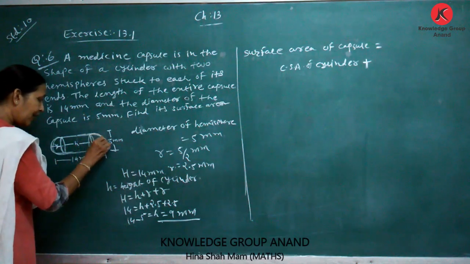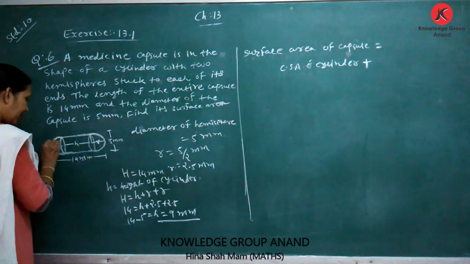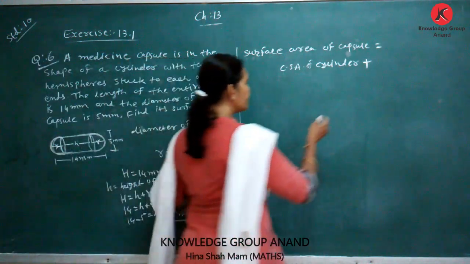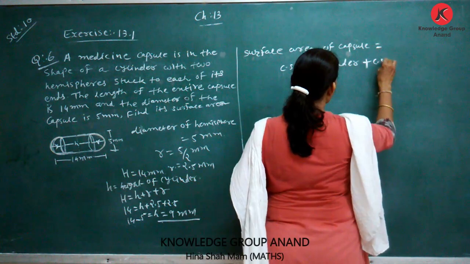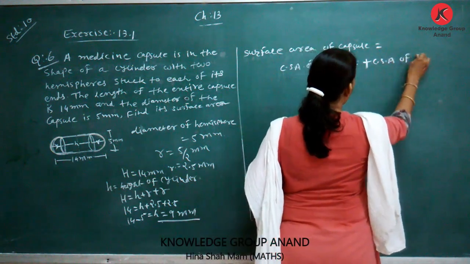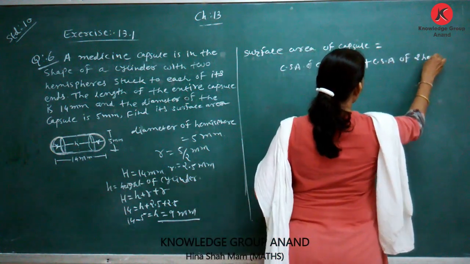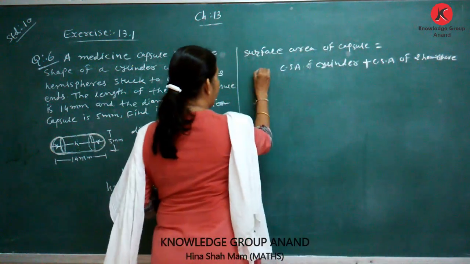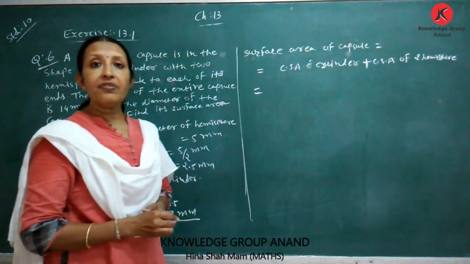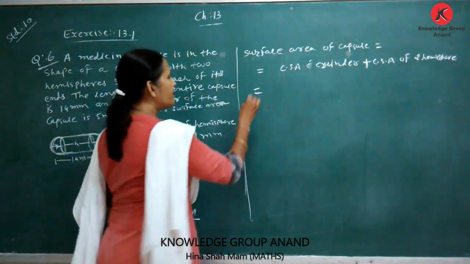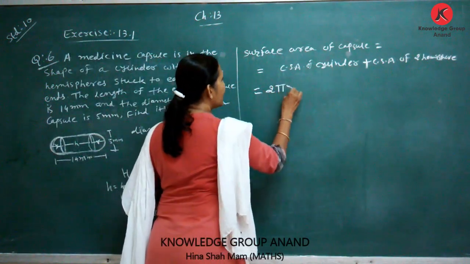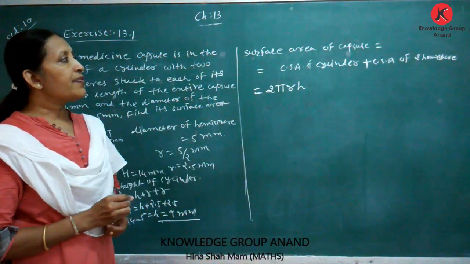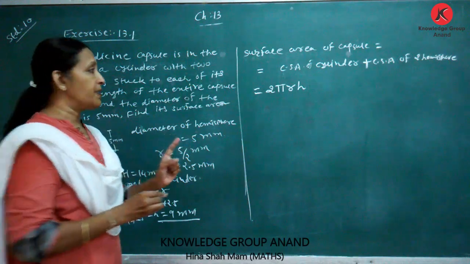Here it is one hemisphere and the other hemisphere, both are the same. So the curved surface area of the cylinder plus the curved surface area of two hemispheres.